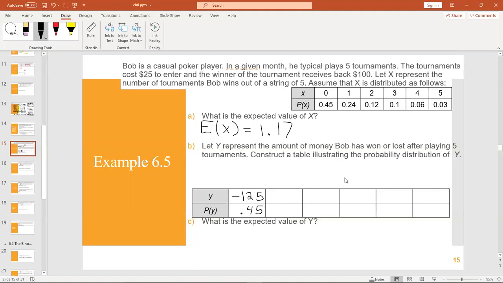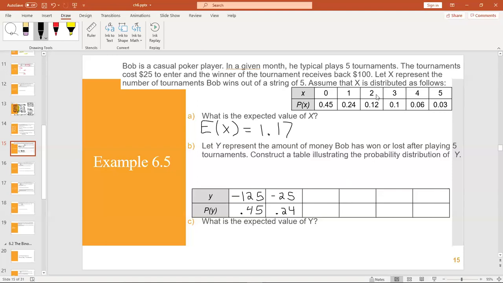If he wins, they pay him $100. So that means that if he has one win, this value is going to go up by $100. So he's only down 25 bucks if he wins one tournament and then loses the other 4. And there is a 0.24 chance that that will happen.